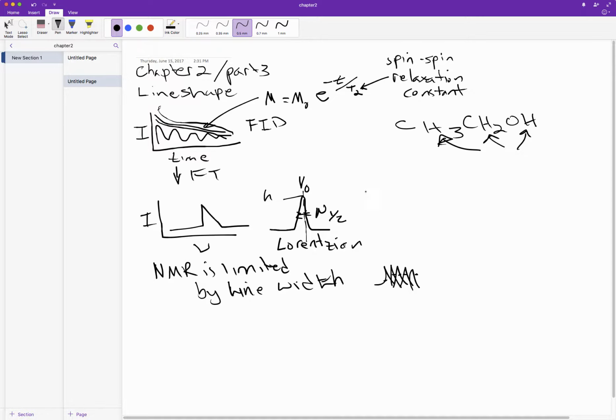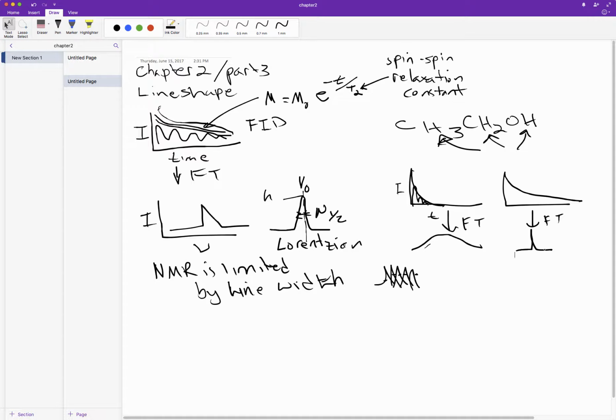And again, this width comes down to how quickly this decays. So if I draw two FIDs here, and one decays really rapidly, and one takes a long time to decay, this peak is going to be very broad when you do the Fourier transform, and this peak will be very sharp. So the longer it takes to decay, the sharper your peak will be.